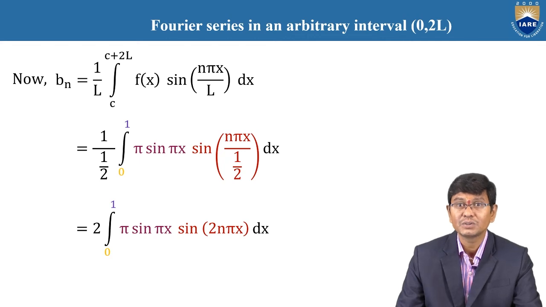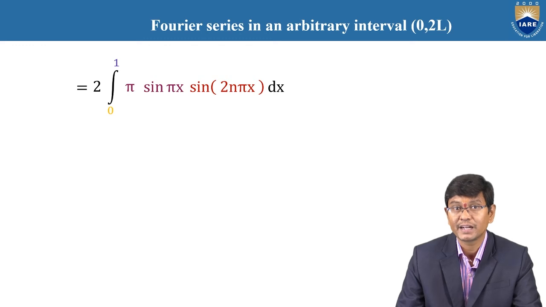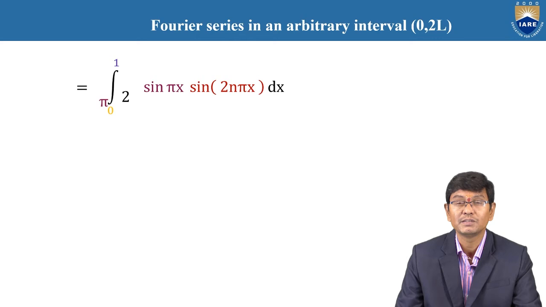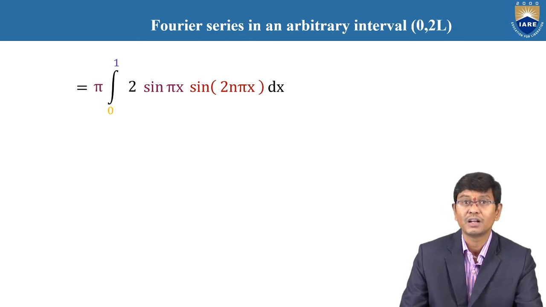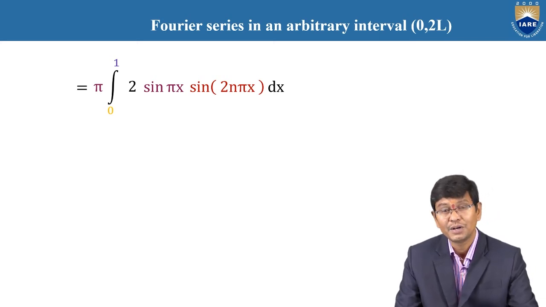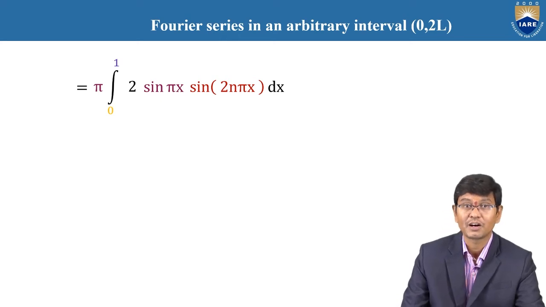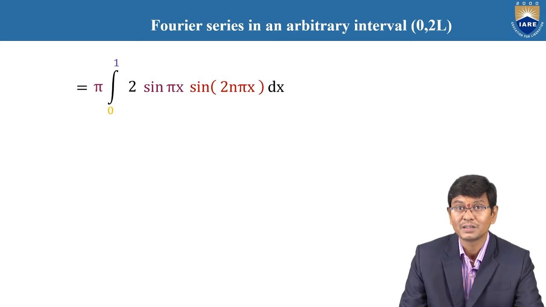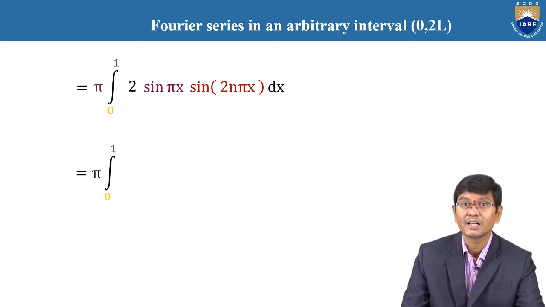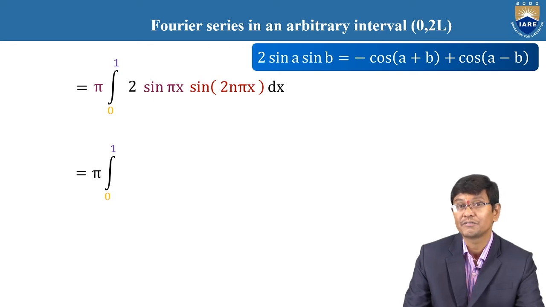Once again, if you take π out as common and consider the 2 inside the bracket, then after interchanging, the value is equal to π into the integral from 0 to 1 of 2 sin πx sin 2nπx dx. Here we use the product and multiple angle formula: 2 sin A sin B is equal to minus cos(A plus B) plus cos(A minus B).